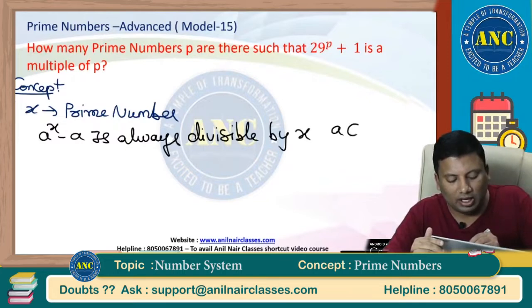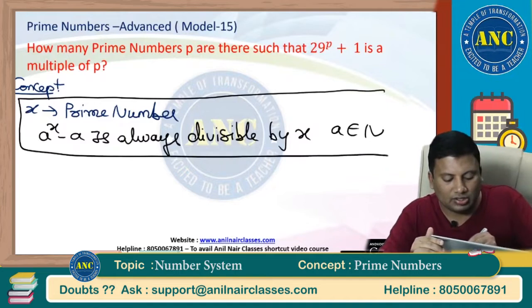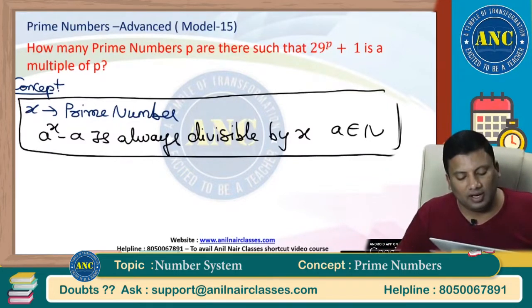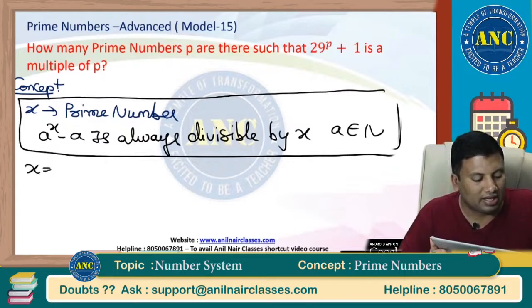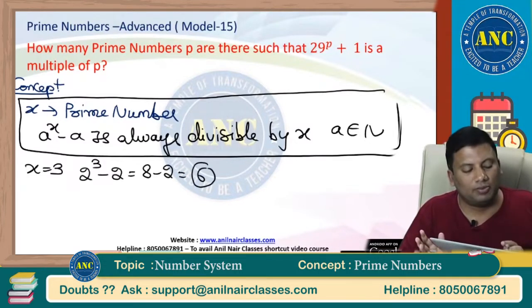A should be a natural number. If x is a prime number, a power x minus a is always divisible by x if a is a natural number. If x is 3, 3 is a prime number: 2 cube minus 2, 8 minus 2, 6. 6 is perfectly divisible by 3.